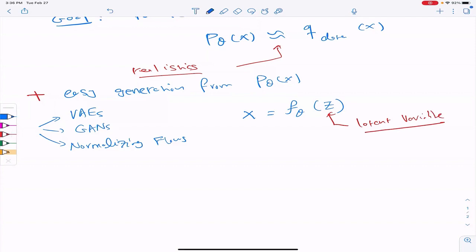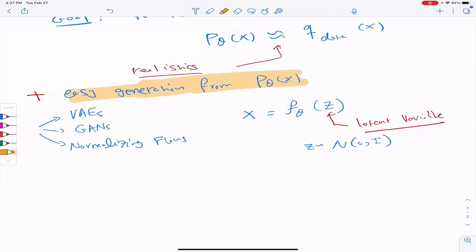Oftentimes we generate Z according to a Gaussian distribution to ensure easy generation, the second requirement that we have. So you generate from a Gaussian distribution and then you pass it through your f sub theta.